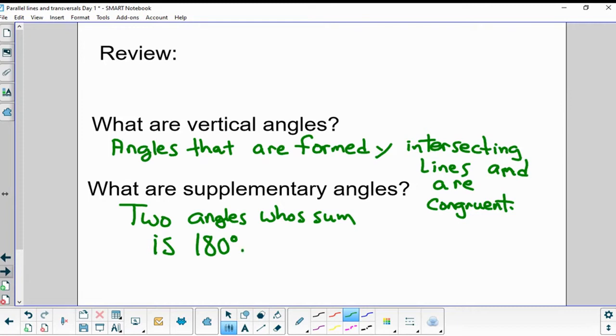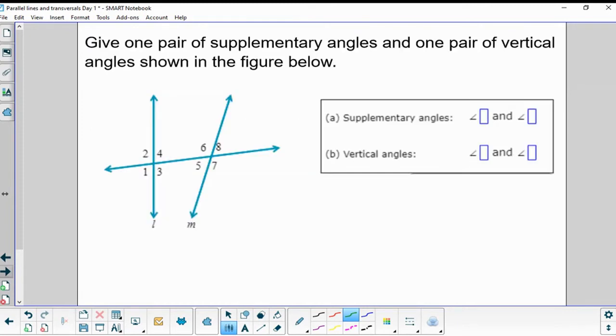We've talked about that in the past, but those theorems or definitions are going to come in handy. Now here's a diagram that shows some supplemental angles and some vertical angles. So we're going to list them here and show you all the different possibilities.